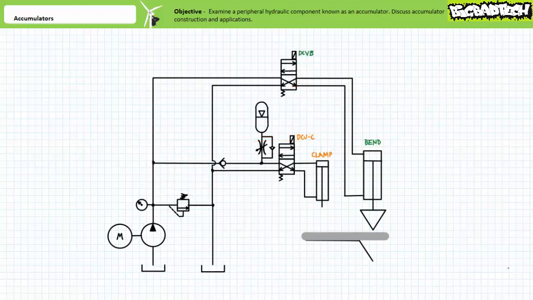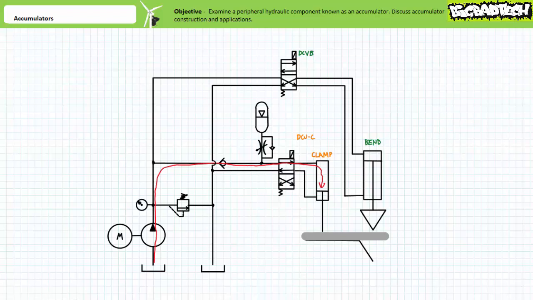Finally, consider this extremely simple clamp and bend circuit consisting of two directional control valves, DCV-C and DCV-B, controlling two separate cylinders that respectively clamp an object and then bend the clamped object. Consider a scenario in which the clamp cylinder is actuated first.